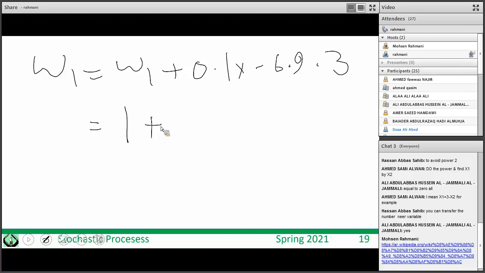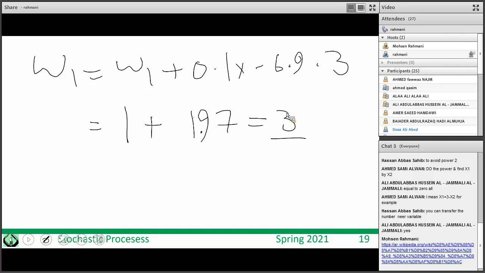This is 1 plus 3 times 0.1 times minus 6.9.